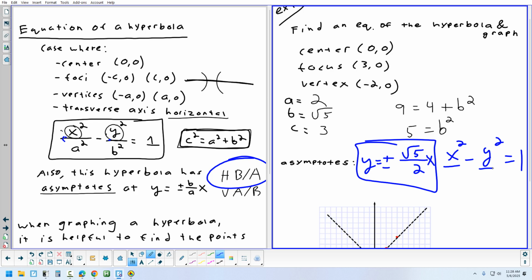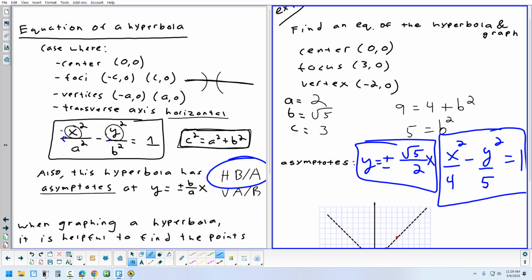First denominator is a squared. Second one is b squared. Don't ever change that for a hyperbola. So a squared, b squared. And that is the equation of your hyperbola. Great. Any question how we got the equation? It's not hard, but there are a lot of things to remember. Little things.